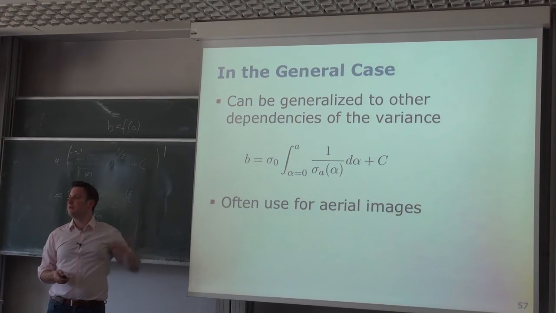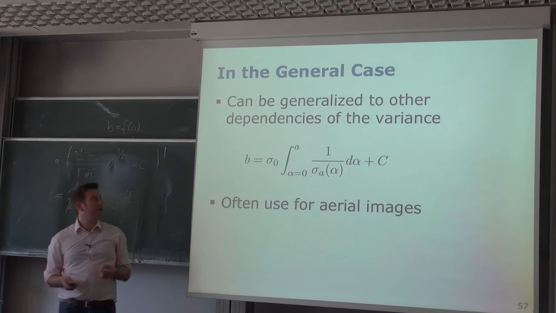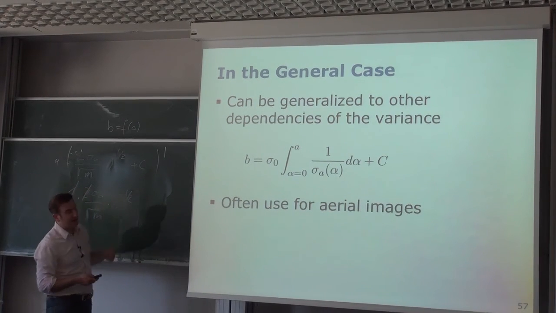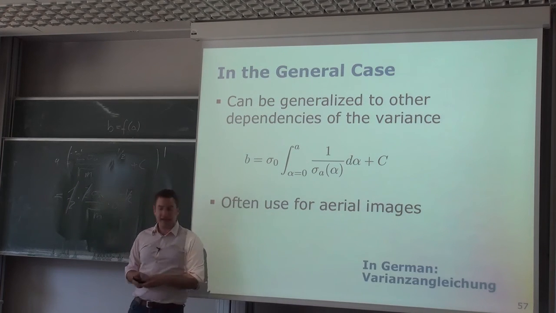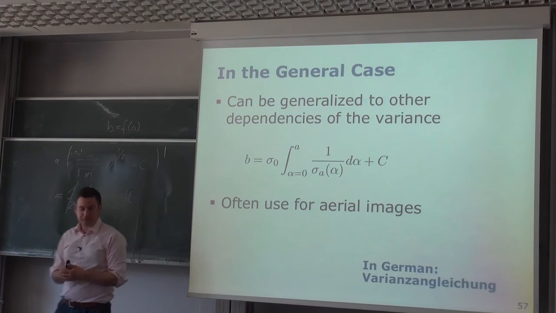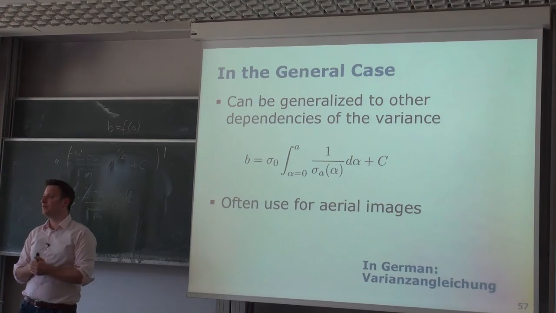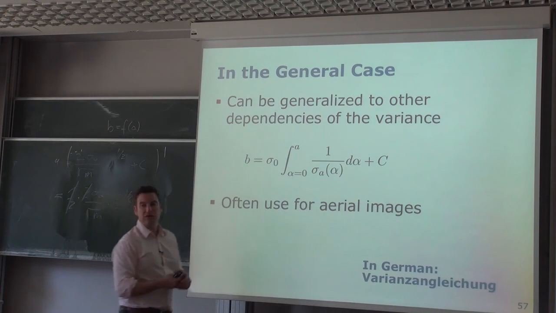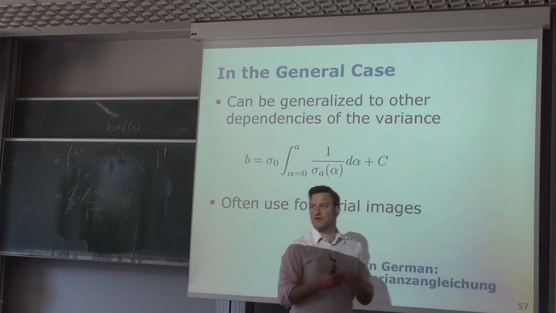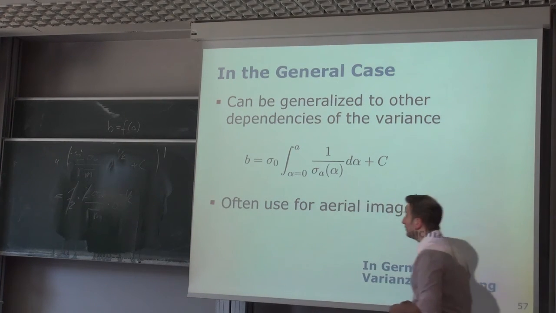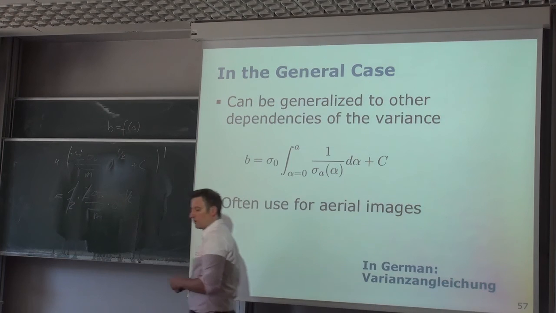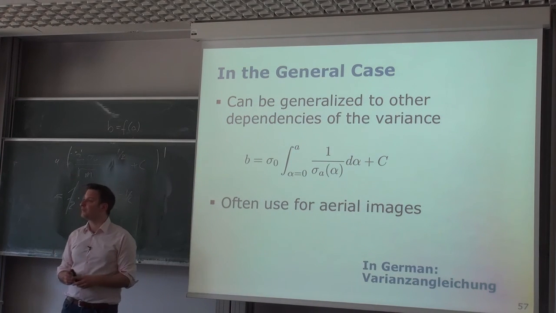I could just solve it in this easy form because it was just m times a. And this is something which is often used if I want to analyze aerial images and reason about the different intensity measurements. The Varianzangleichung, or variance equalization, is one of the techniques which is often used as a pre-processing step.